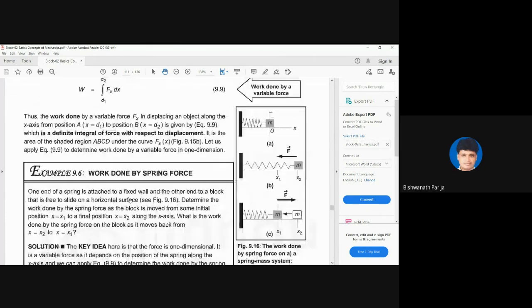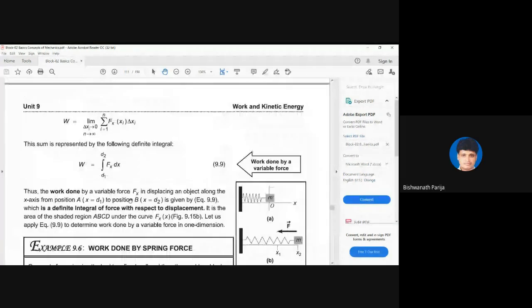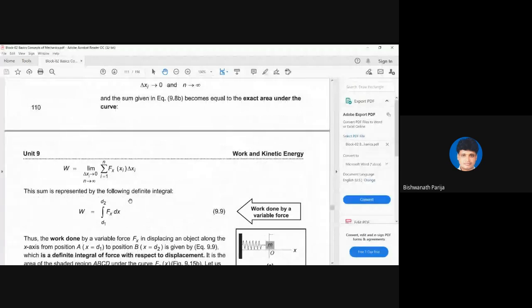You remember this formula. And work done by spring. Let me explain the integration method once more. Everyone listen again. Suppose from time to time your applied force changes, that means force changes according to your position. Suppose at the origin to 1 meter there is some force; if you go to 2 meters, the force changes; at 3 meters, the force changes. That means force is a function of position. For this type, you do the integration of F for a very small displacement dx; the small work done is F dx.